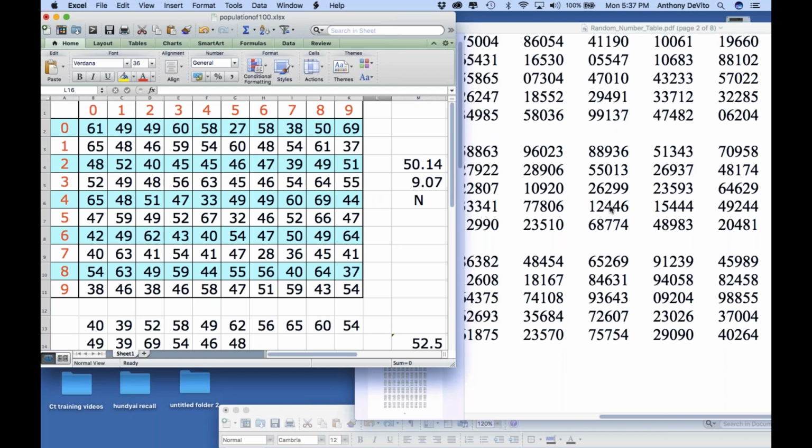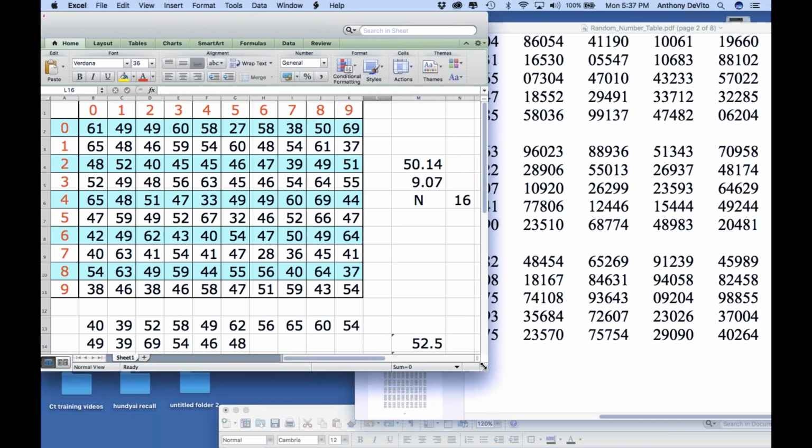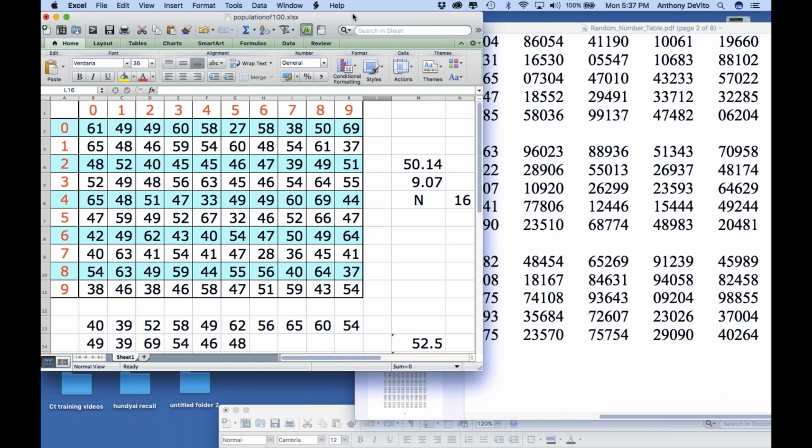I'm going to move this over just a little bit so you can see. Sample size is 16.